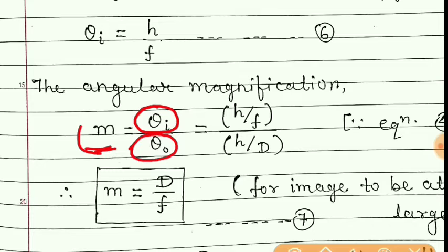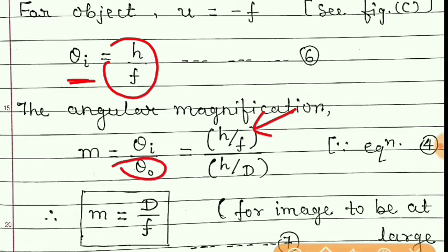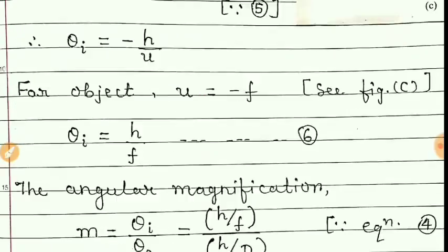So angular magnification m is equal to theta I upon theta naught. But what is theta I? Theta I is h by f. And what is theta naught? From equation number 4, it is h by d.